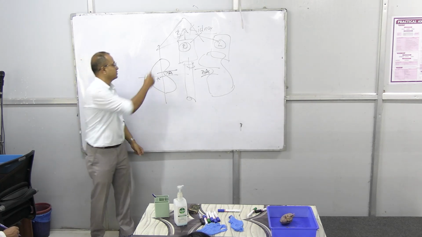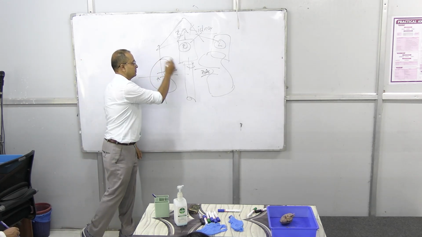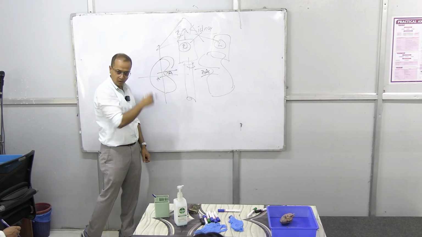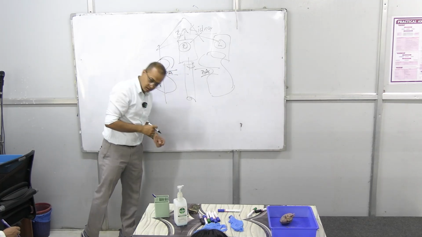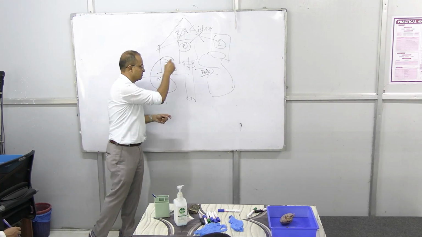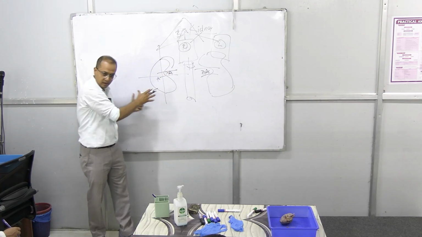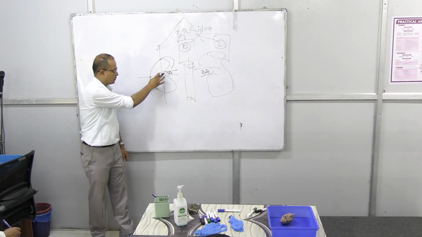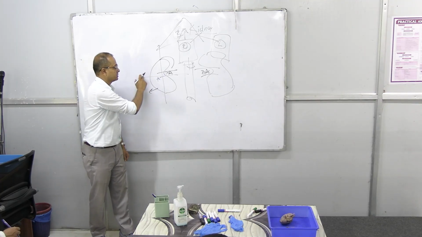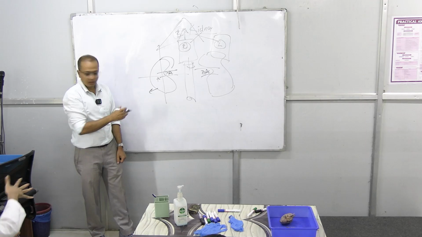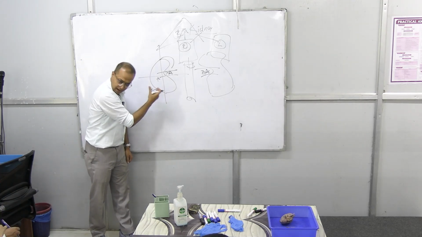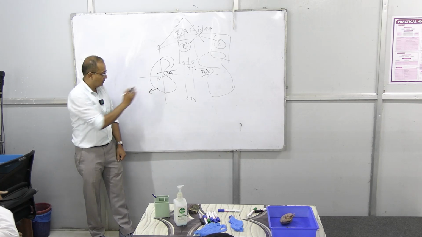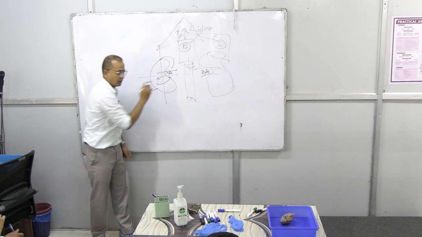The upper pole is tilted medially, and the lower pole is a little bit away. This transverse axis, which has the hilum going through it, is directed backwards, posteriorly.